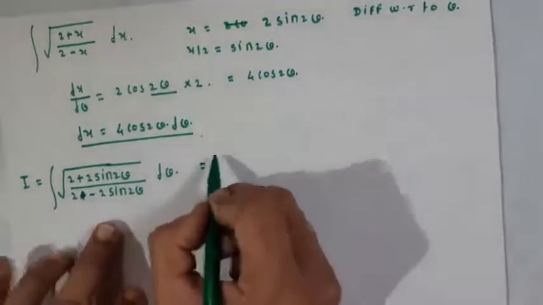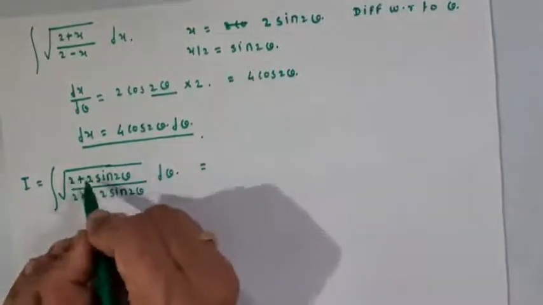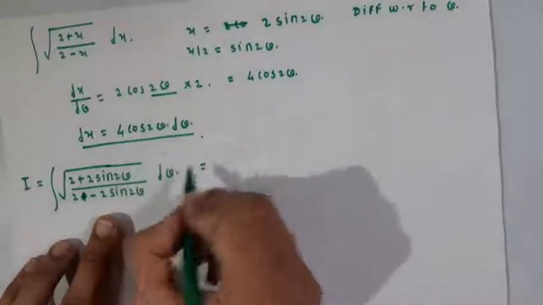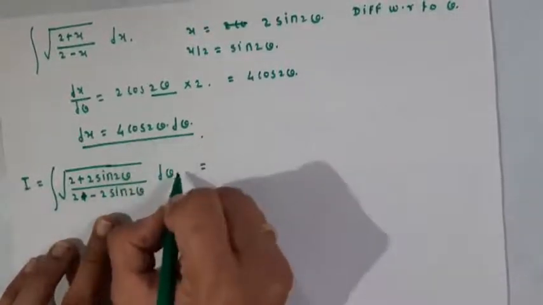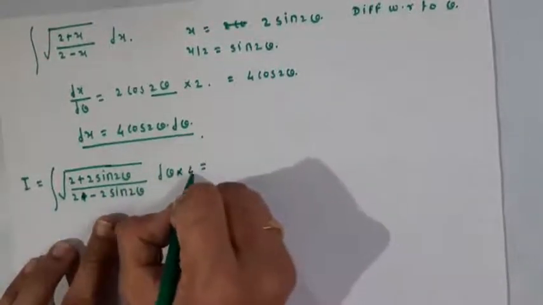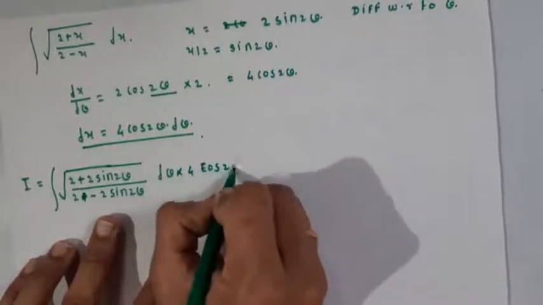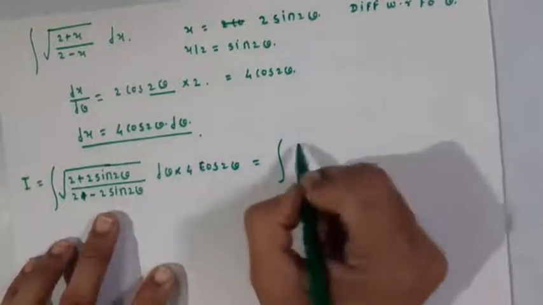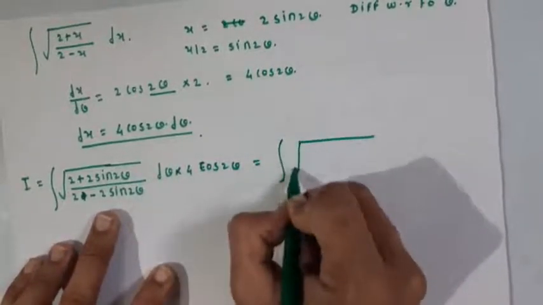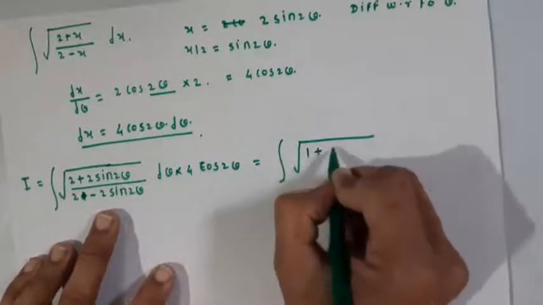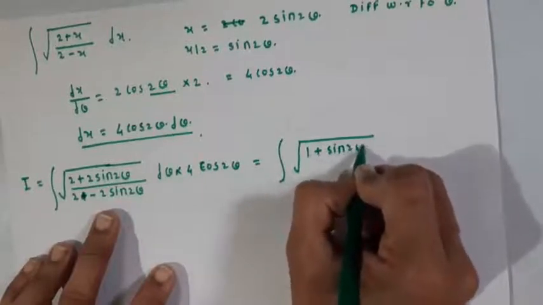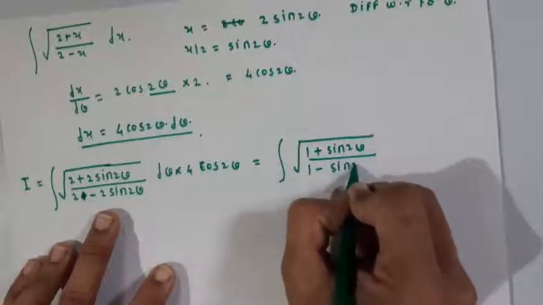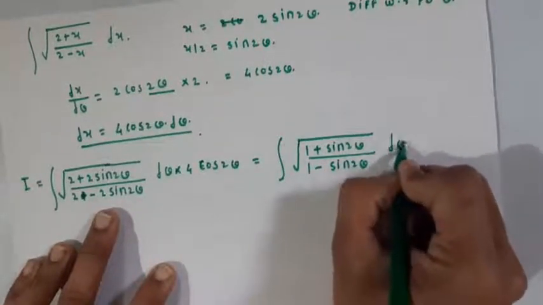Okay students, and now this is equal to, so common out 2 and cancel, value of dx, that is 4 cos of 2 theta d theta, into 4 cos of 2 theta, and now this is equal to integration of, 2 gets cancelled, and this is 1 plus sine of 2 theta upon 1 minus sine of 2 theta with respect to theta.